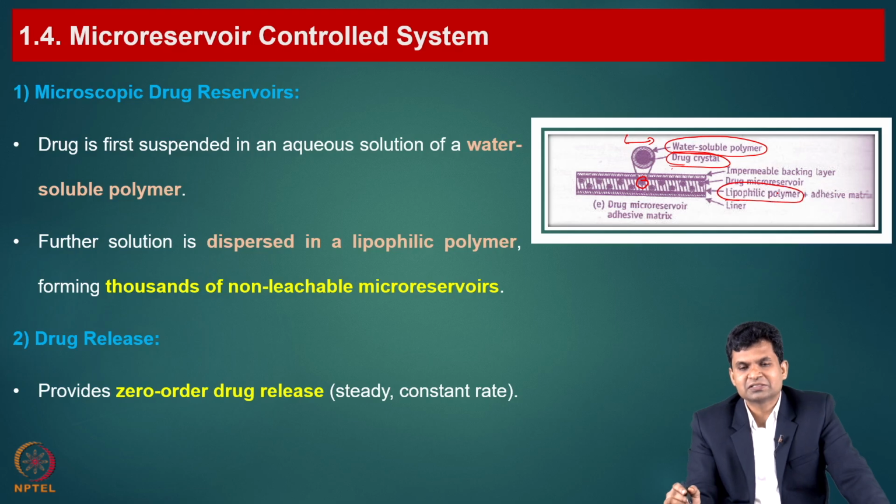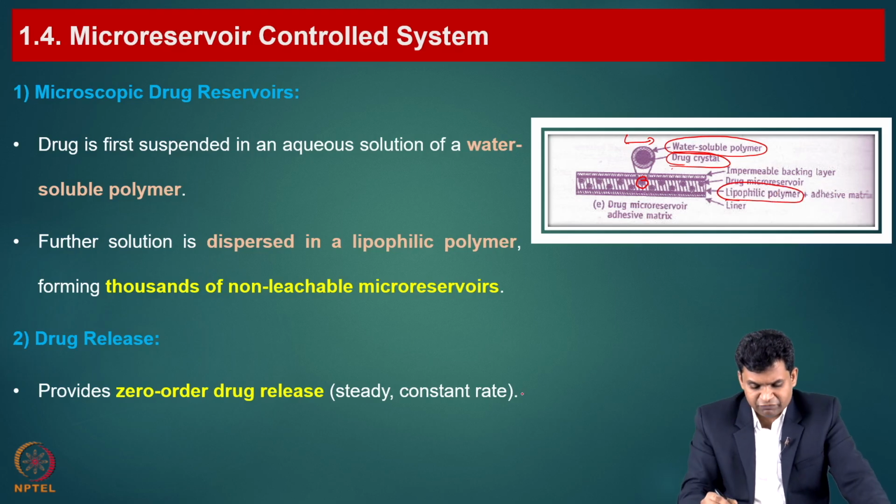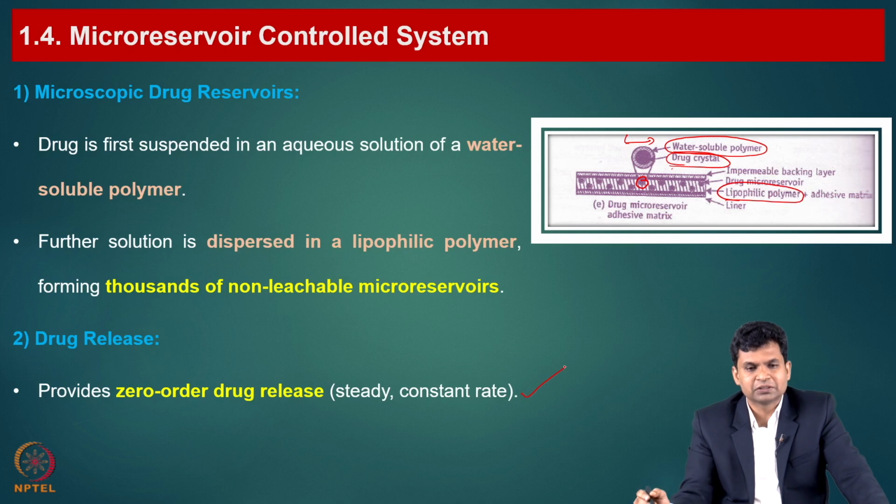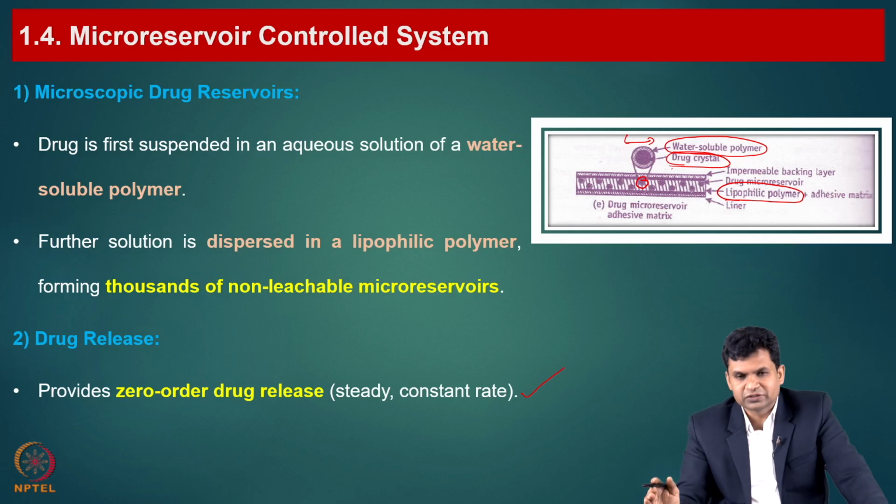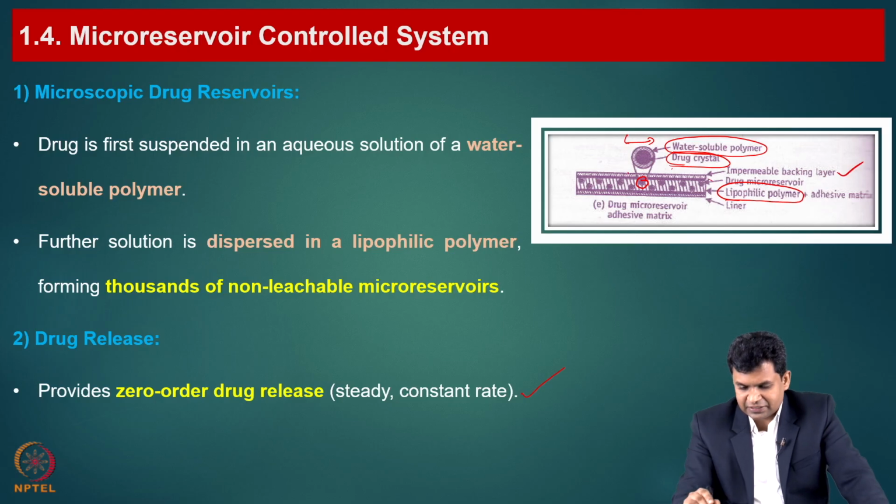So, this is called a microreservoir system. Now, such systems will follow zero order drug release, and that will release the drug at a steady and constant rate throughout the treatment. So, here this is the impermeable backing layer, and this entire system is the drug microreservoir.